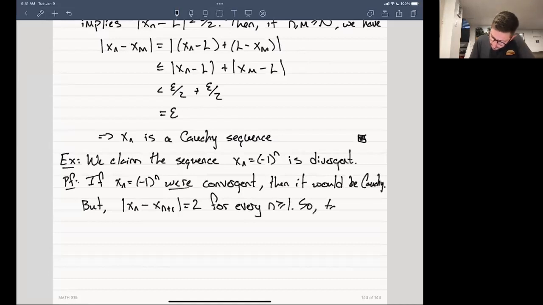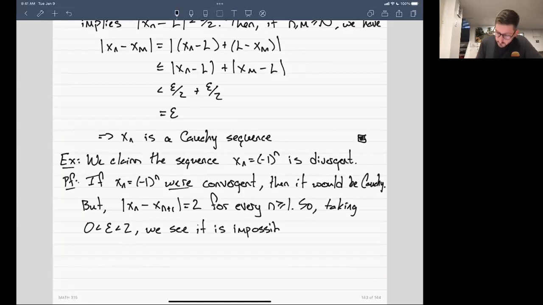So taking some epsilon positive but smaller than 2, we see it is impossible to find, to go far enough into your sequence to find that successive terms are within epsilon of each other, because every second term is a distance of 2 apart.